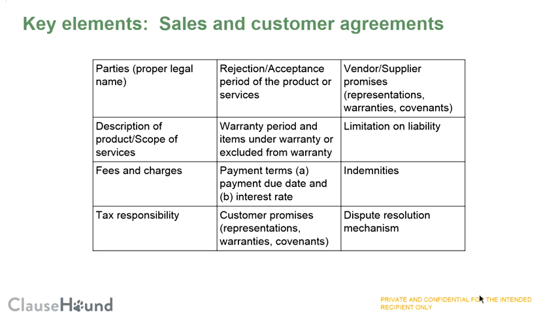So number two, just going down the list, and we'll come back up to the middle column after, is description of product or scope of services. When you're selling a product or a service, it's important that you're very specific about what you're selling as well as what you're not selling.